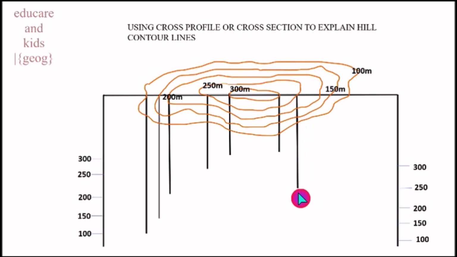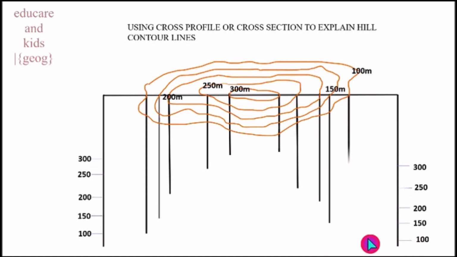What contour is this? So you trace it to 200. Contour 150, you trace it to 150. And then contour 100, you trace it to 100. Very good. So at this point, you trace a line along the ends of these lines that you have traced, and it will indicate that this contour is representing a mountain or a highland.